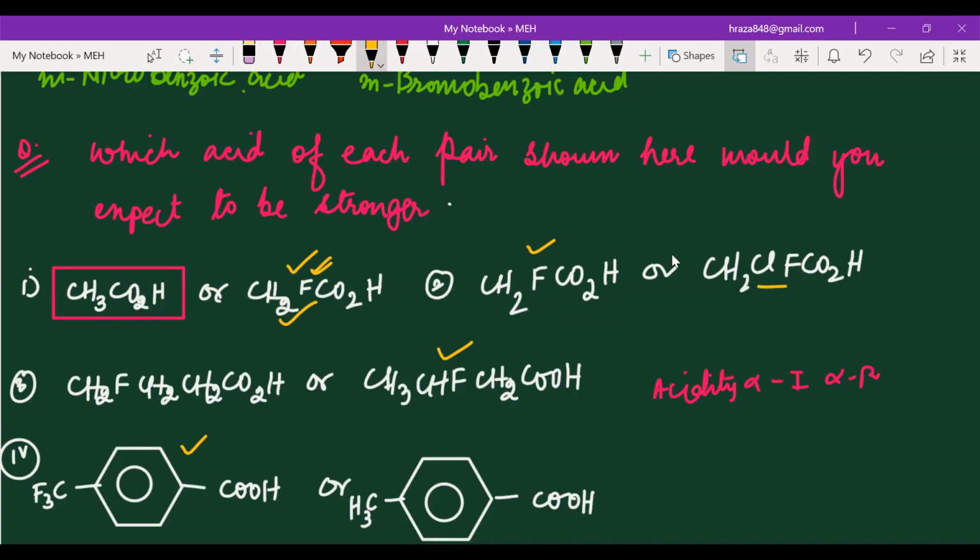There is chlorine, there is fluorine, so fluorine is more electronegative than chlorine. Now, fluorine is far away from here and fluorine is near here, that's why this. Again, fluorine is here and there is no fluorine here, hydrogen is there. That's why this. Is that clear? Yes, sir.